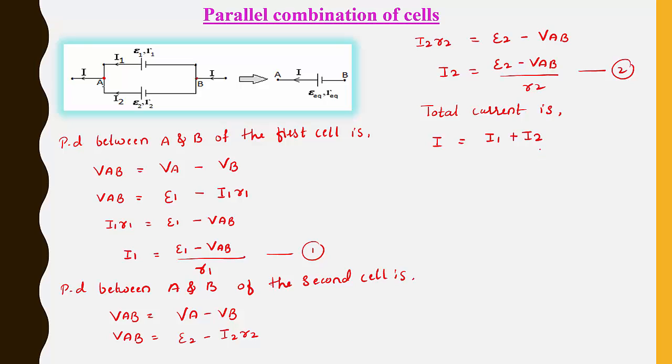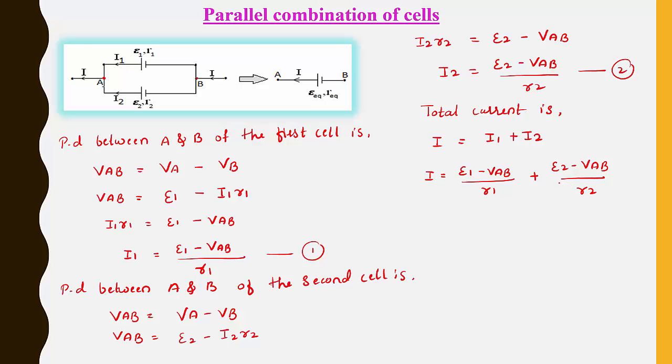Substitute equations 1 and 2 here. I equals I1, that is equation 1, E1 minus VAB divided by R1, plus the I2 value, refer to equation 2, E2 minus VAB divided by R2.